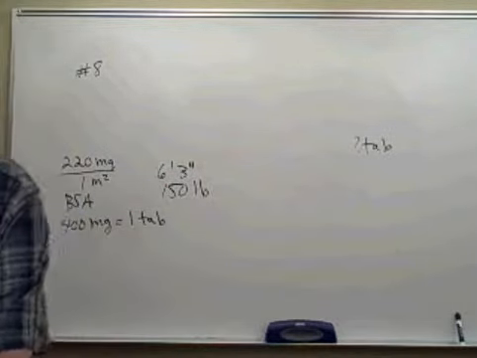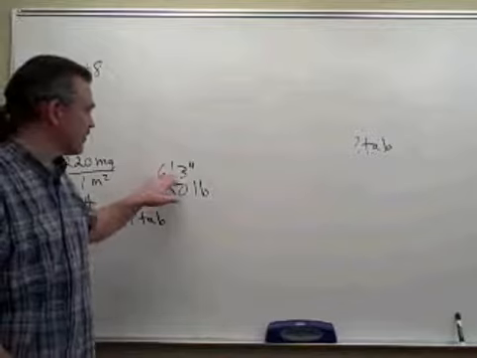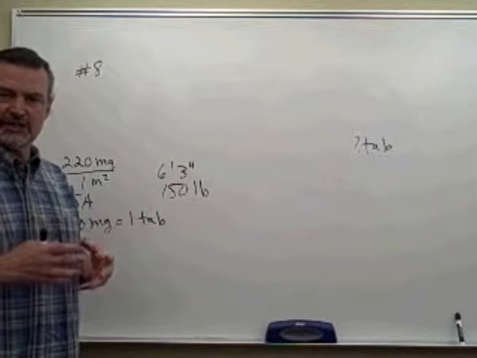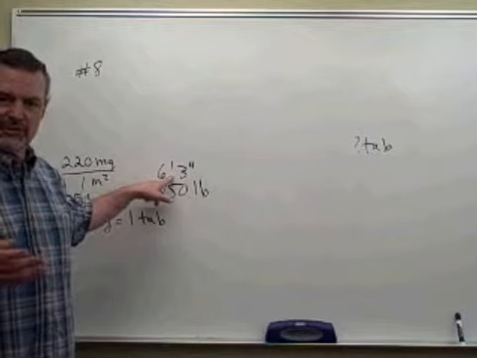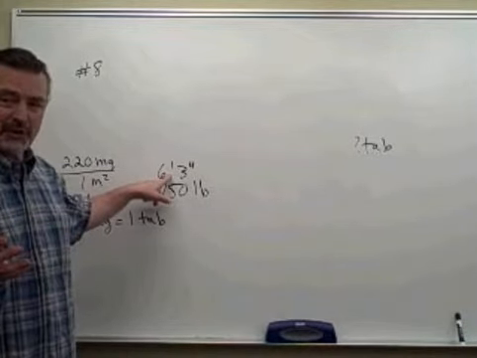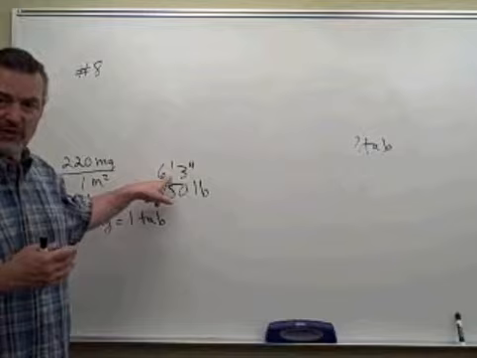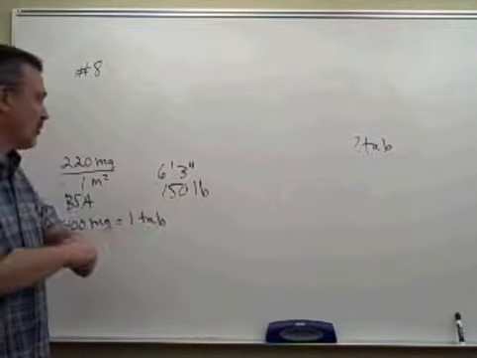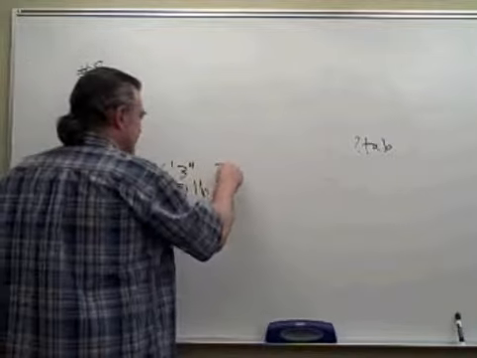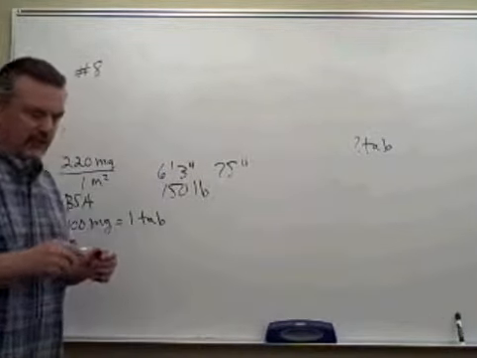So the first thing we'll need to do is convert feet and inches to strictly inches. Each foot is 12 inches. If somebody is 6 feet tall, 6 times 12 is 72 inches, plus 3 inches more. This patient is actually 75 inches tall.